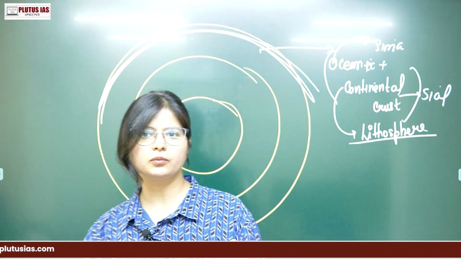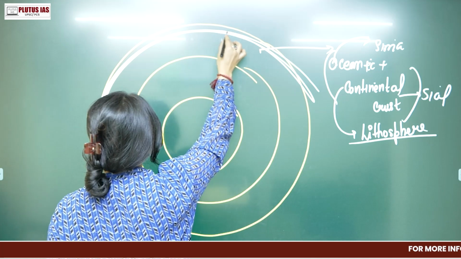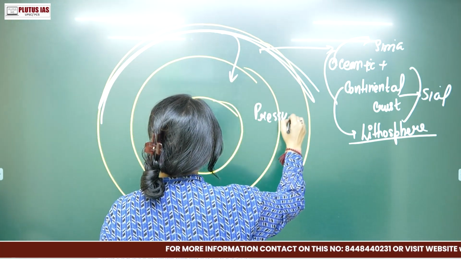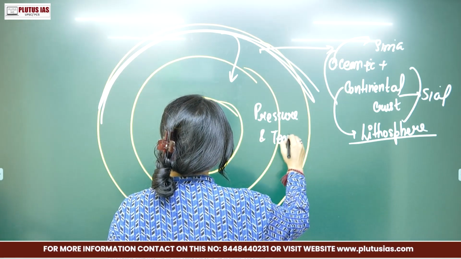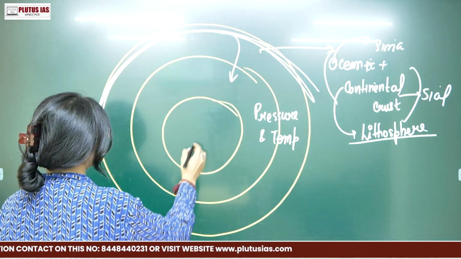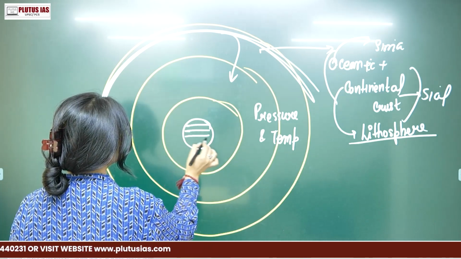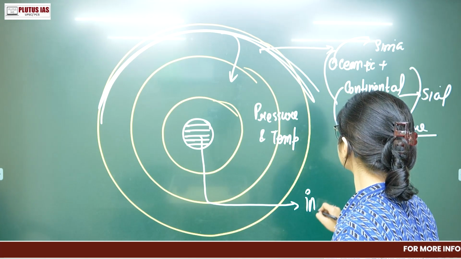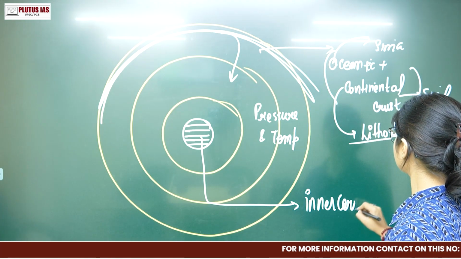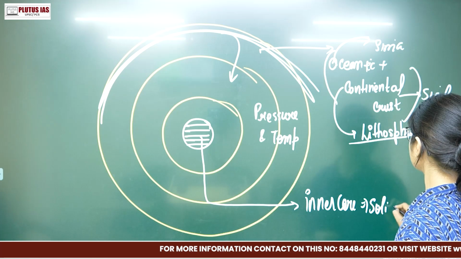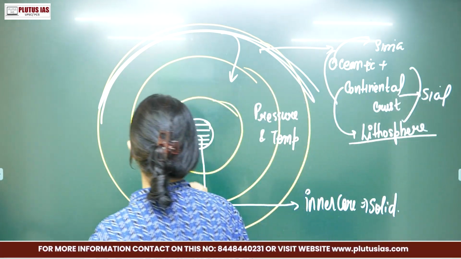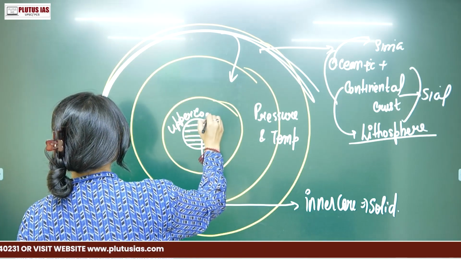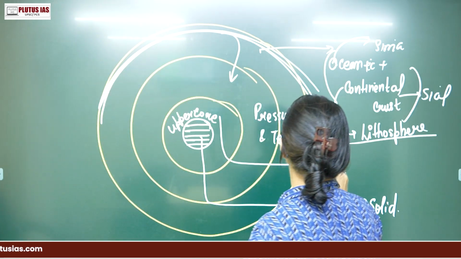Now as we move down, the composition will change. Why? Because of the high pressure and temperature. Therefore the innermost part of the earth, which we call the inner core, is solid, but the upper core is liquid.